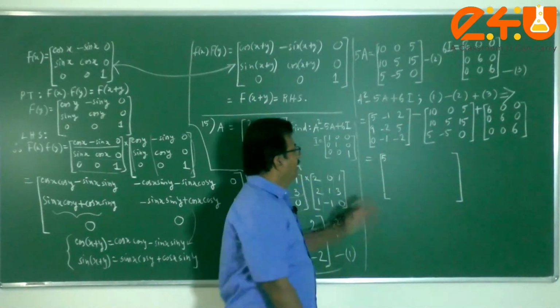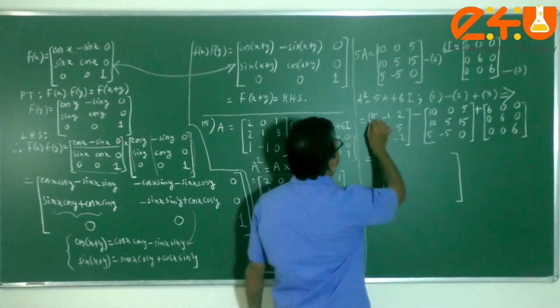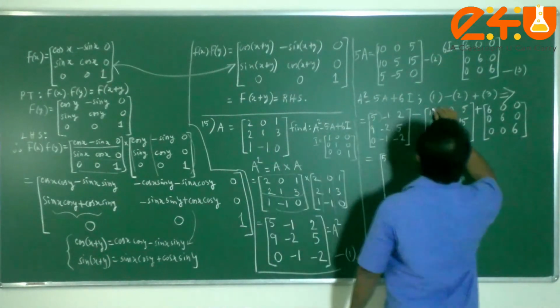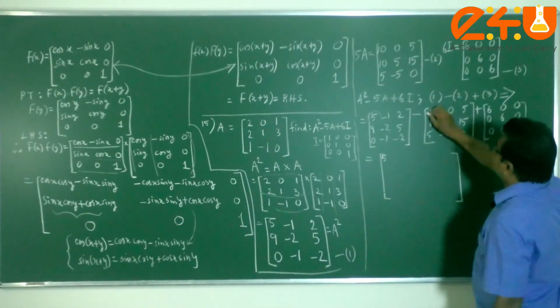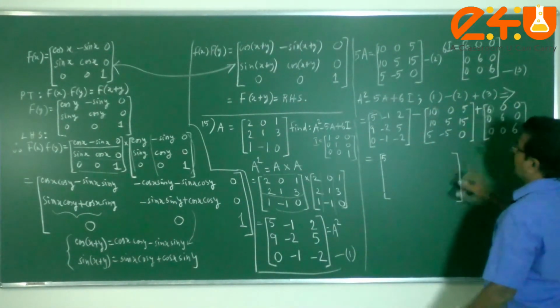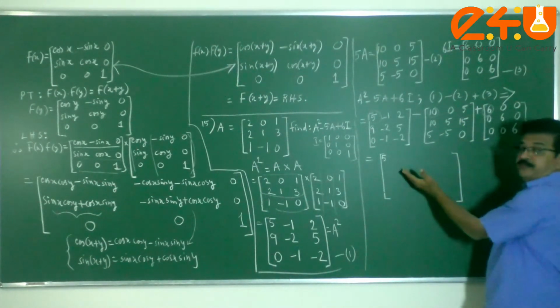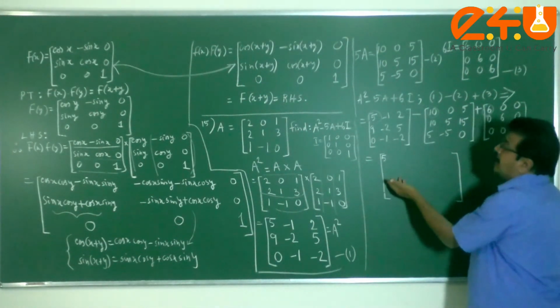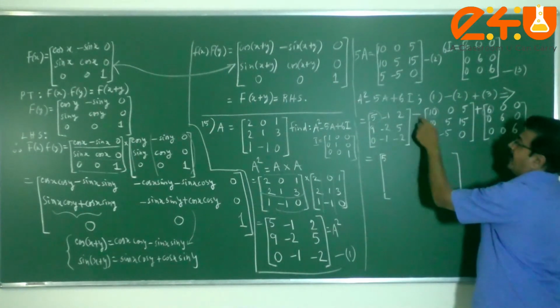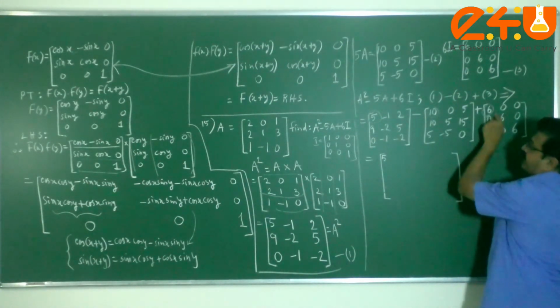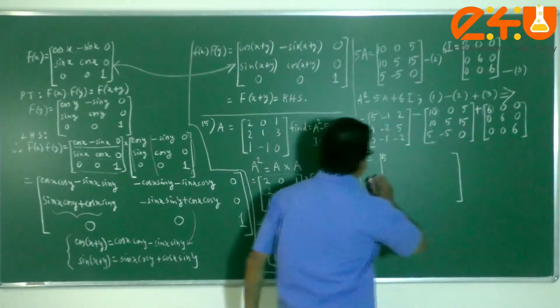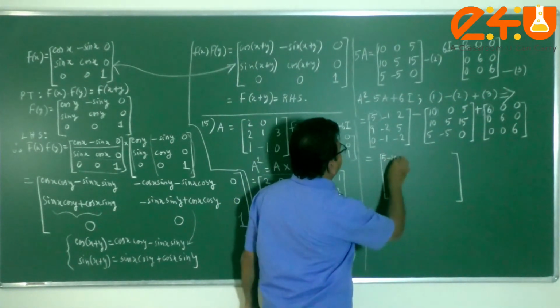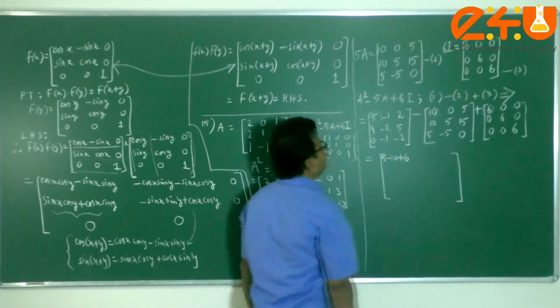I am not in a hurry to complete it all in mind. I am just writing the corresponding elements, which means position 1, 1, I am putting them all together. So it's going to be 5 minus 10 plus 6.